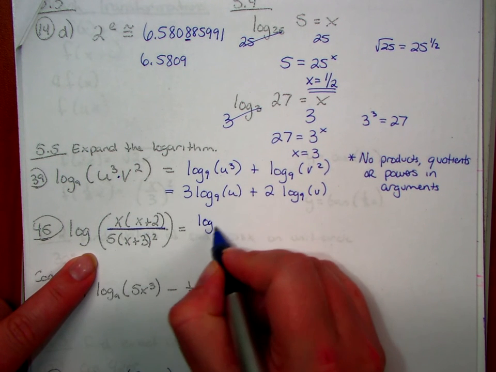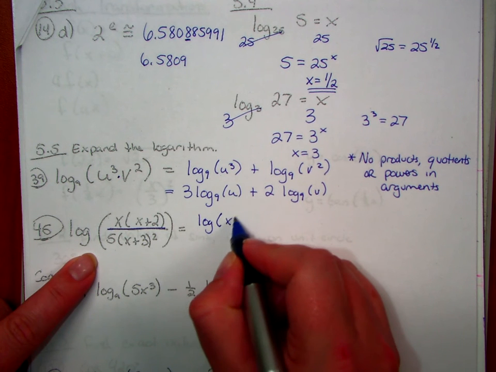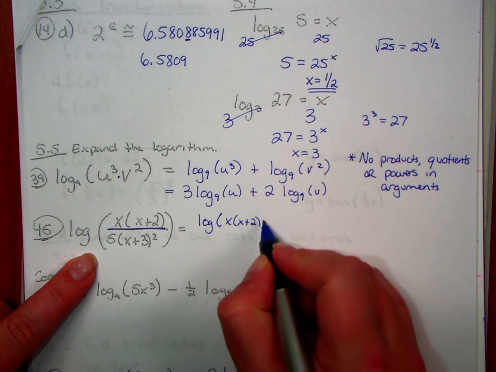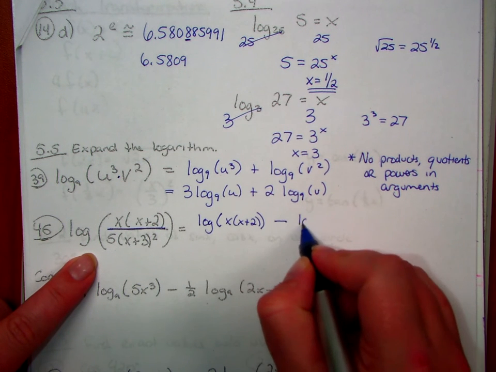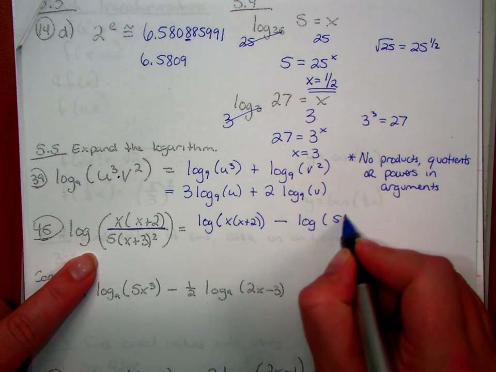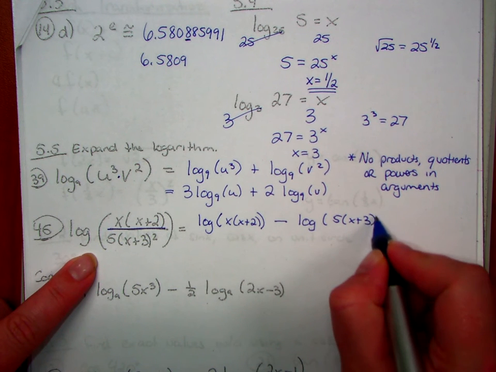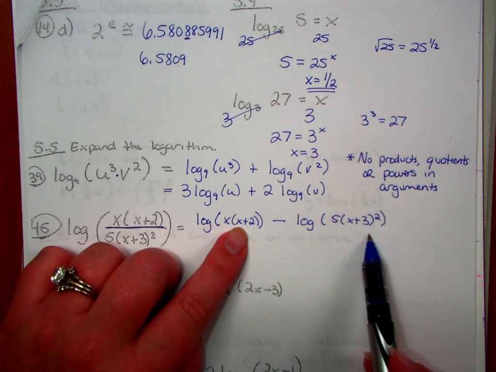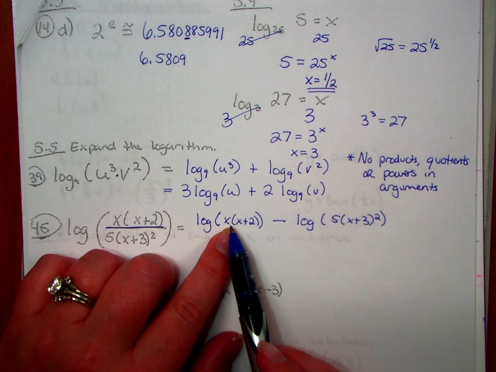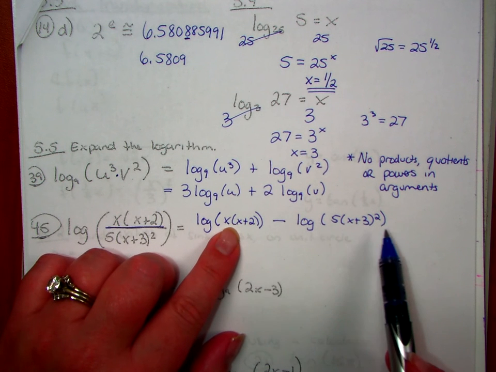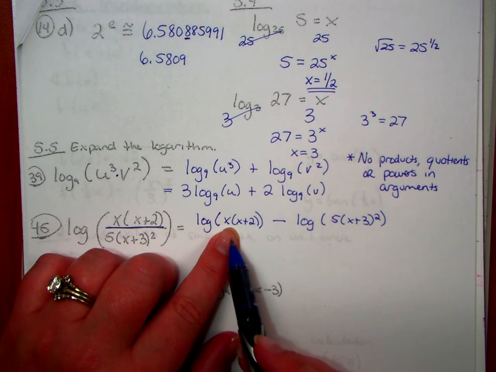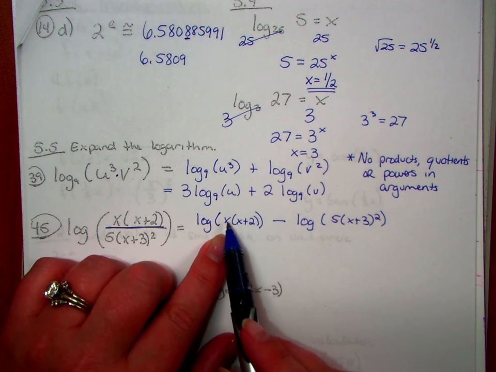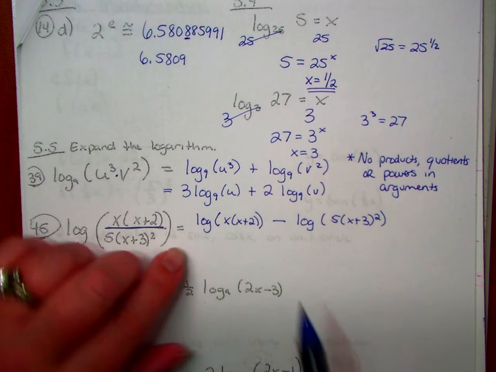We get log of x times x plus 2 minus log of 5 times x plus 3 squared. Split up that quotient. Now inside these two logarithms, we have a product and a power, so we need to split up this argument one step farther.